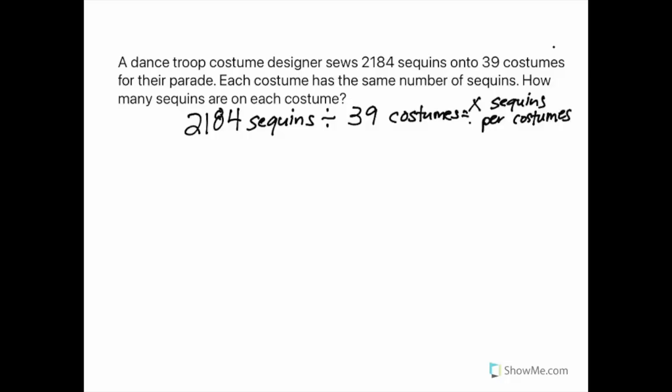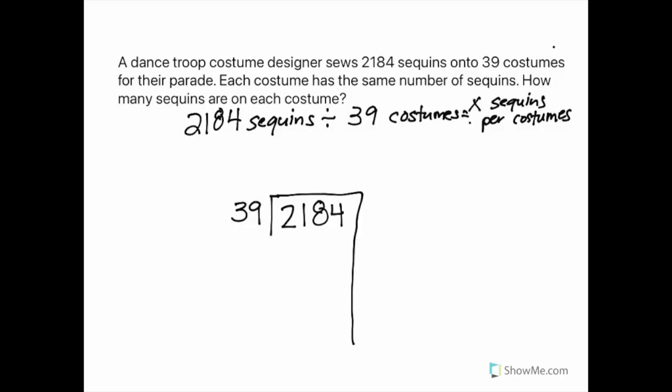Okay, so we're going to set up our problem. We're going to put our divisor right here. We're going to put our dividend right here, inside this bracket, and I'm going to put 39 on the outside.